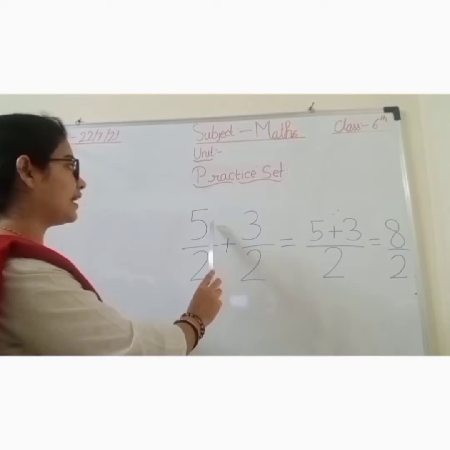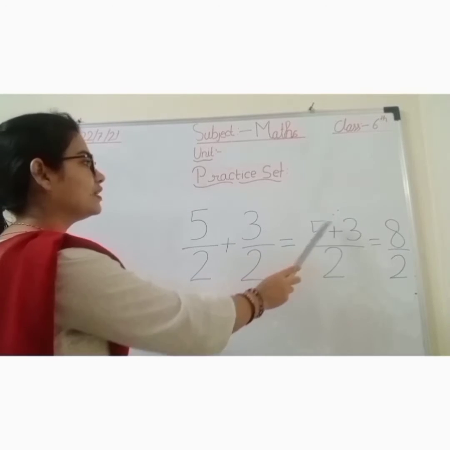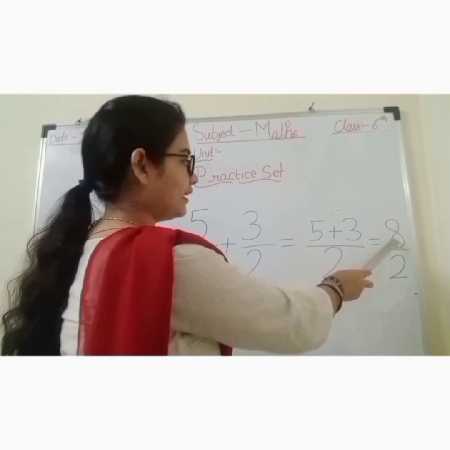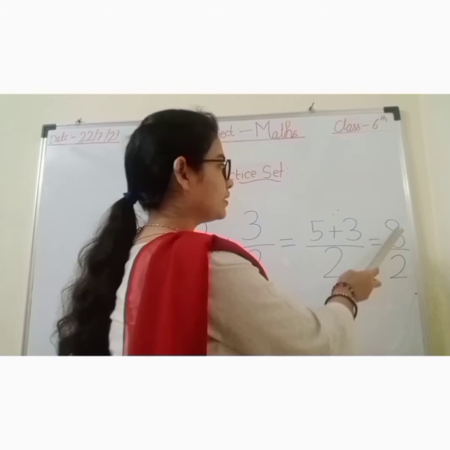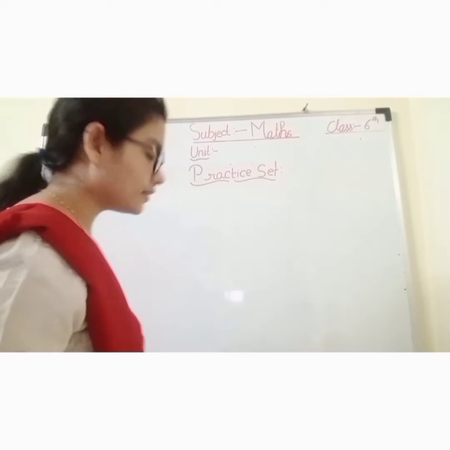Then I have written this 5 here, the plus sign here, and this 3 here. So 5 plus 3 is 8, over 2. This is also a type of fraction. Now the question which I am writing here.